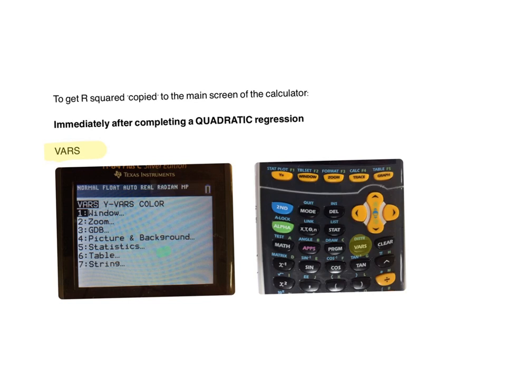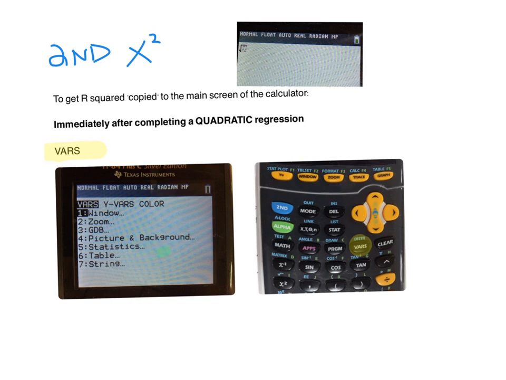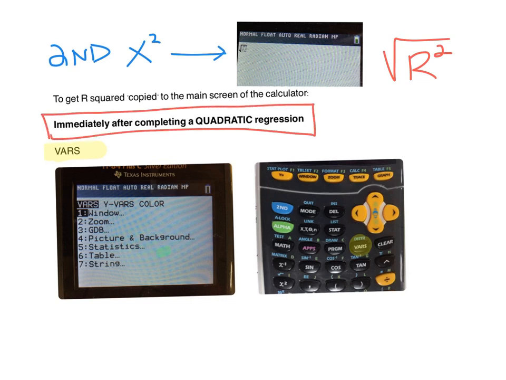Here's what we need to do to get R on our calculator. First, press second and then x squared on your calculator. So that should give you your radical symbol. Now the key is you want to take the square root of what R squared was to get R. And you have to follow these steps immediately following a quadratic regression. So that's what we did. We just ran a quadratic regression.